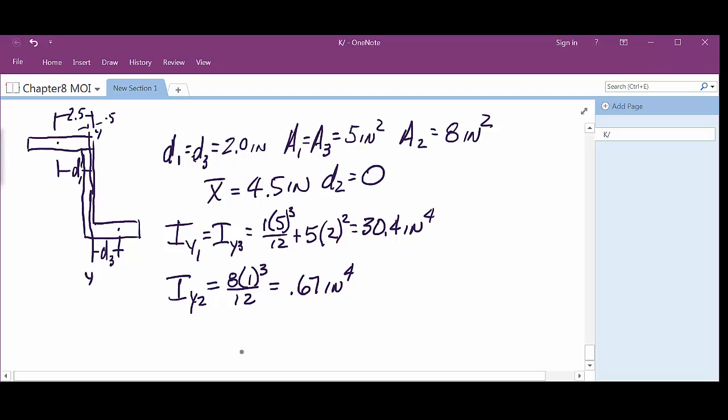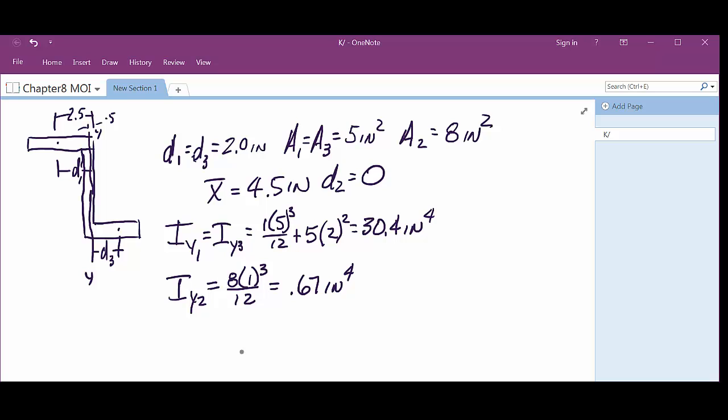Now, look at that. Does that make sense? It's saying that this piece is stronger than that piece, isn't it? This little short piece right here is stronger than that big piece right there, isn't it?